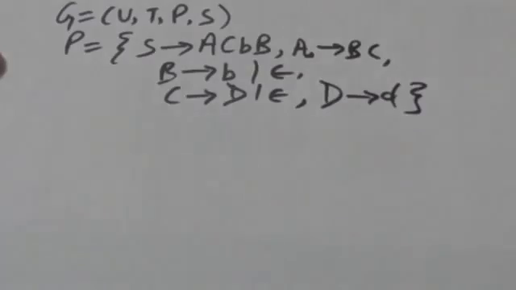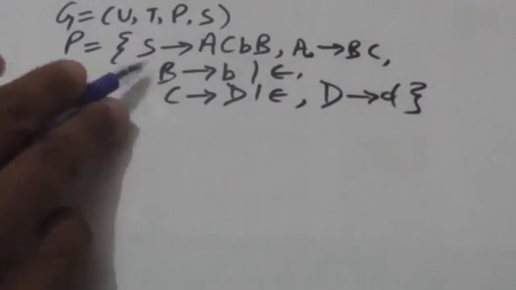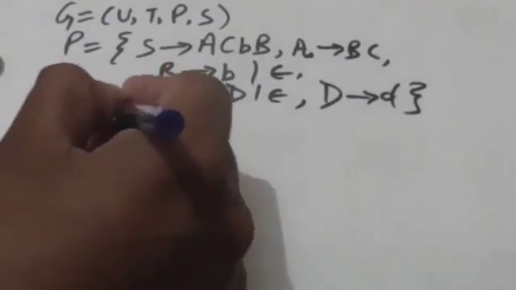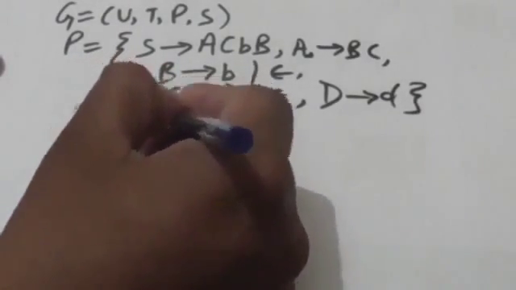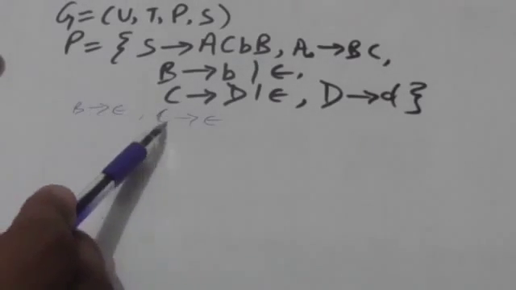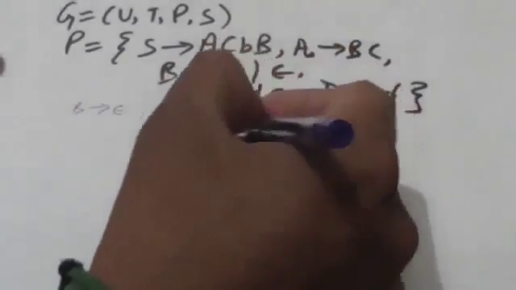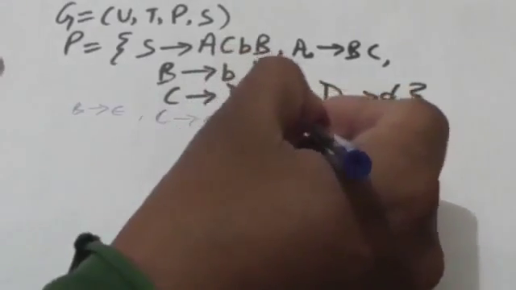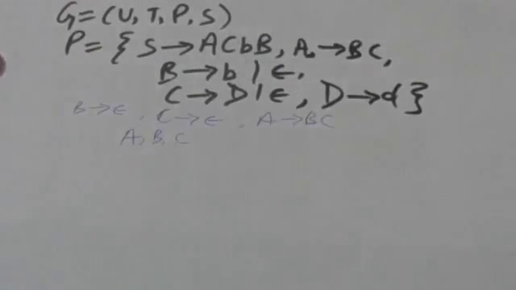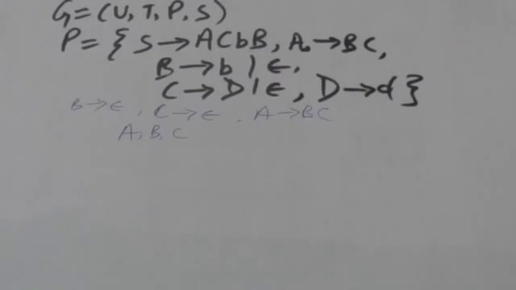So in this grammar, there are the productions B derives empty string, C derives empty string, and A derives BC. So A, B and C are nullable variables.